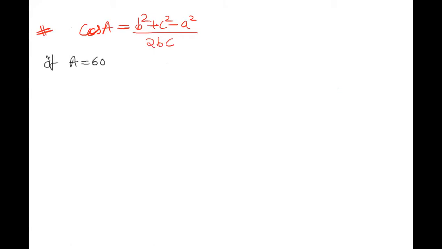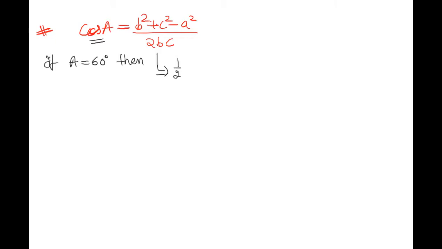Now next point, next type of manipulation. If we are having cos A, the cosine rule is B square plus C square minus whatever angle is given, that will come with a negative sign, divided by 2BC. Now if A is equal to 60 degree, cos 60 degree is 1 by 2.